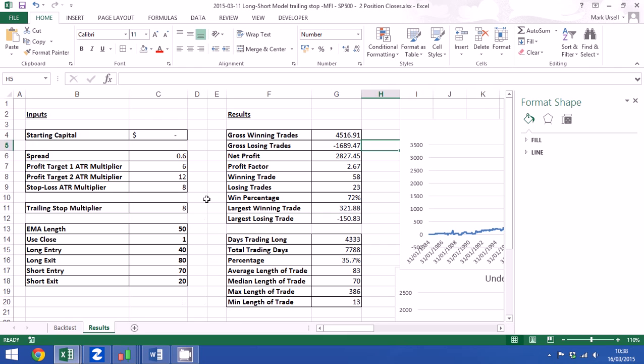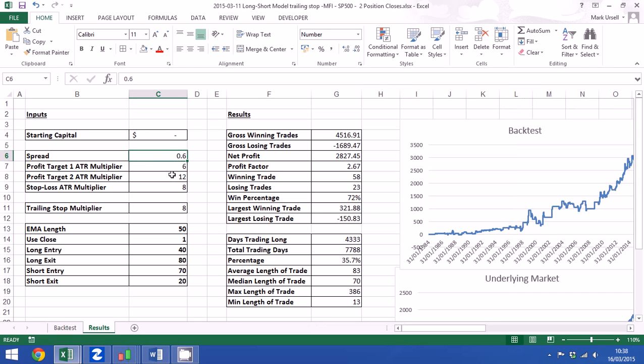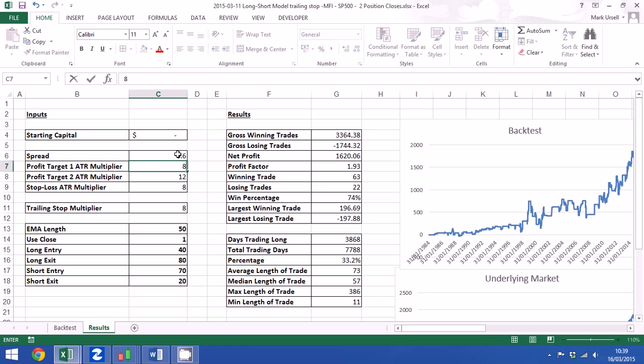So we've got lots of different things that we can alter here. We can increase the cost of trading. We can see how this affects. We can adjust our profit targets. I'm using a multiple of the ATR, so I can set that from 4 to 6, and I can see how it affects the results.